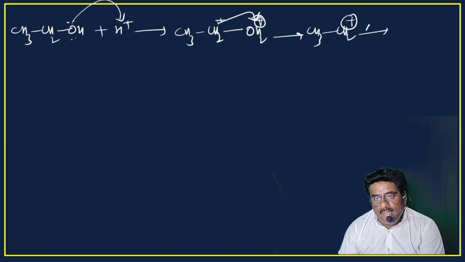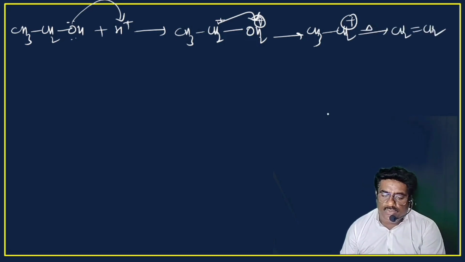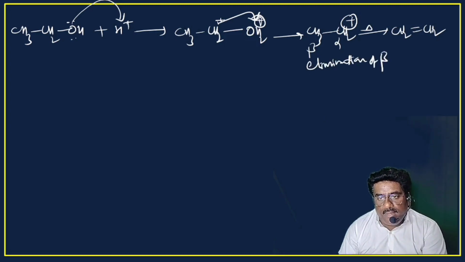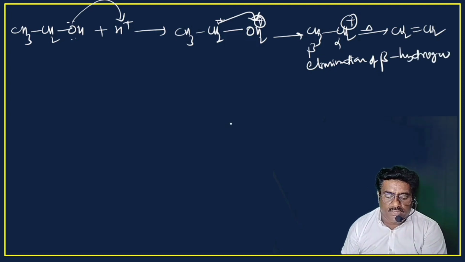When it's heated, it forms CH2 double bond CH2. Here there is an alpha and a beta carbon, and there is no rearrangement. It can form the alkene system. So it is an elimination of beta hydrogen.